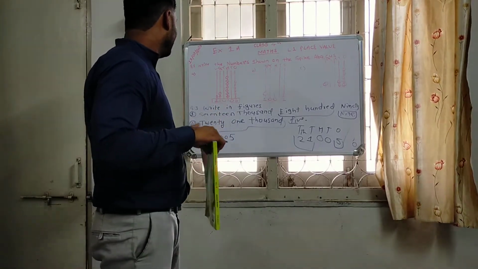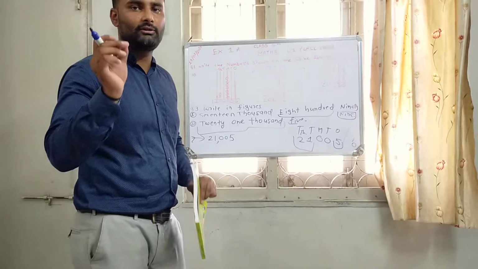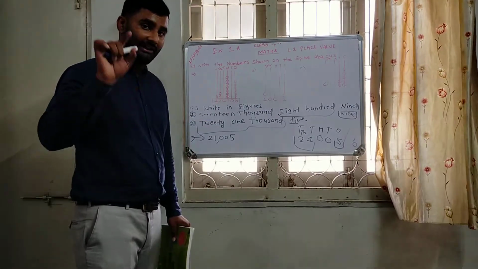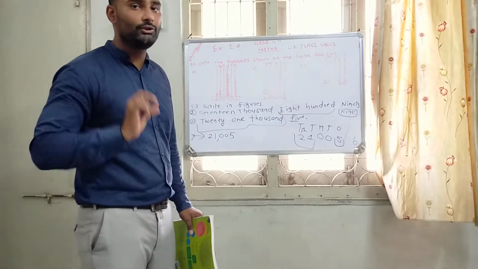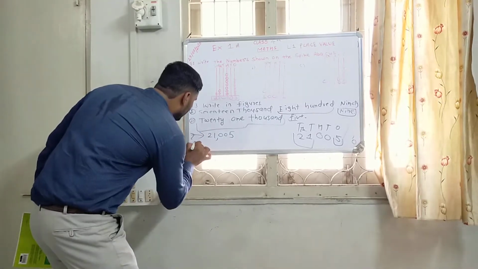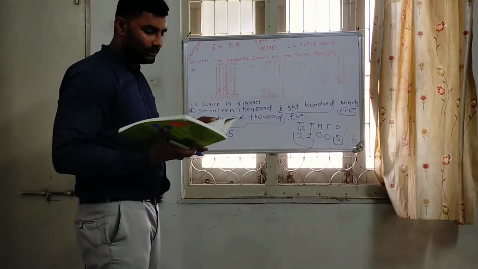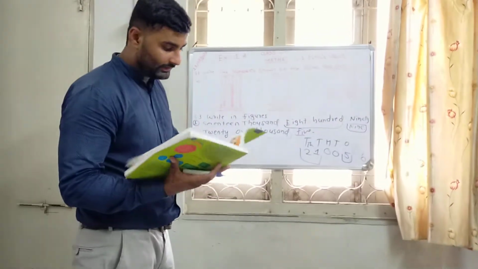After writing these 2 questions, you have to write question number 3 and solve it yourself. That means you have this question as your homework. Okay. So question number 3 is, please write it down in your notebook.